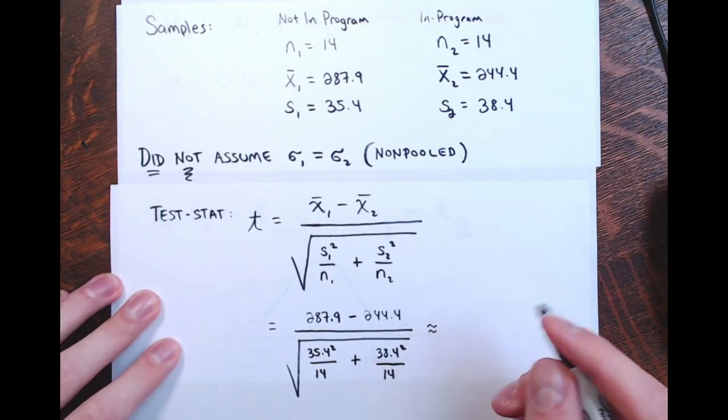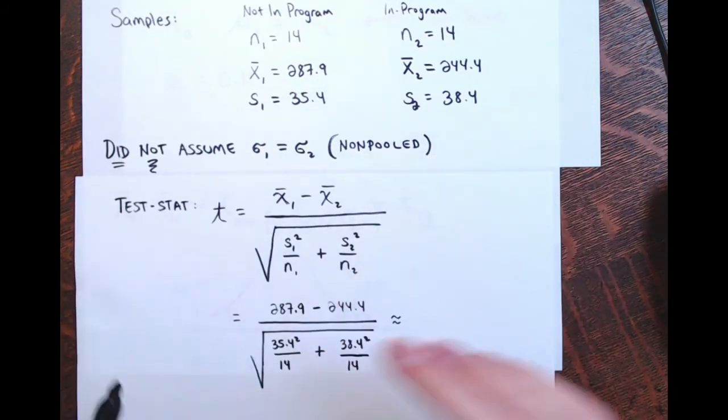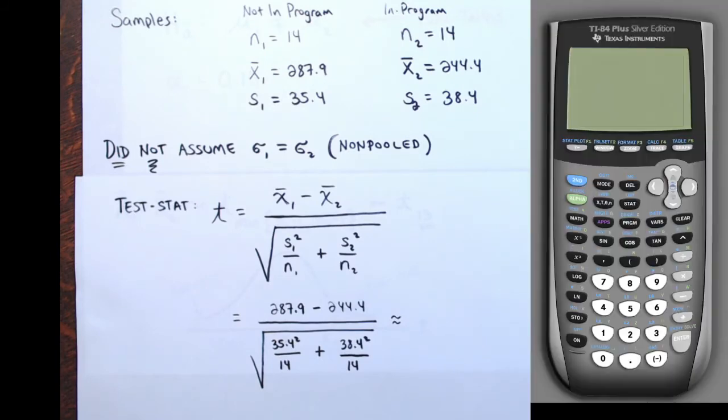And I'm going to enter this into a calculator. So I pull a calculator up, and in parentheses the numerator, 287.9 minus 244.4, close parentheses, that's all the numerator, divided by, and then in the denominator, the square root.